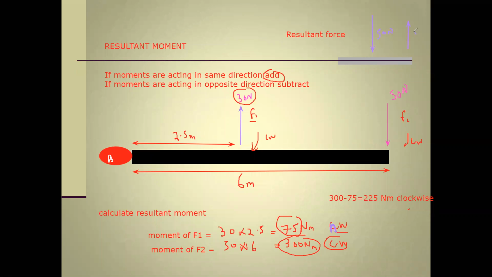Not moment, force. When you calculate, the resultant force will be 50 minus 30, which is equal to 20 Newton downwards. Is it clear? The concept of the moment, the turning effect.